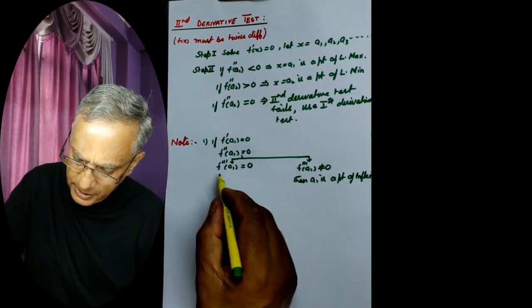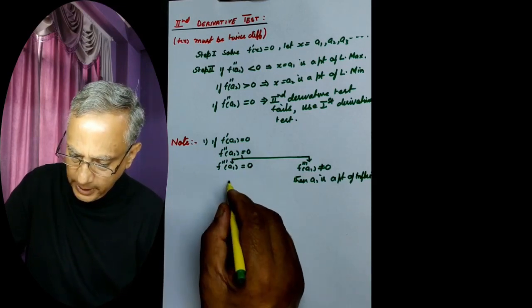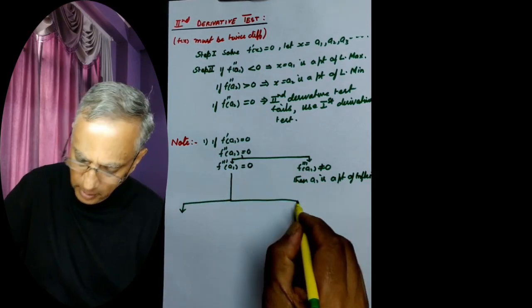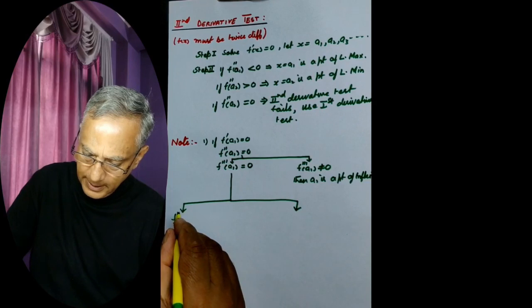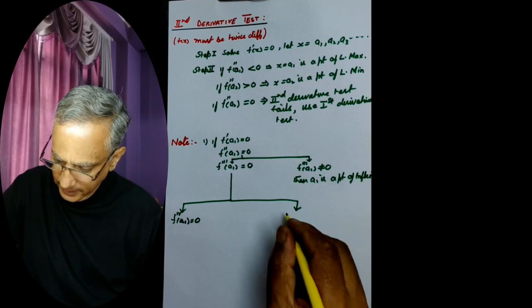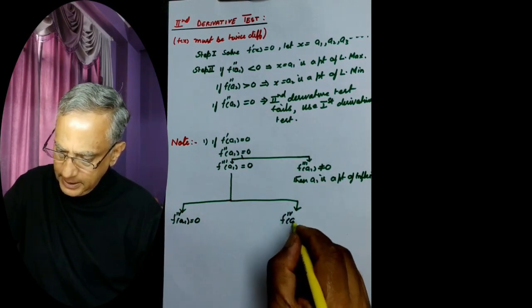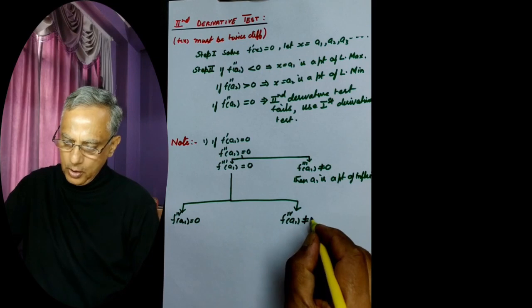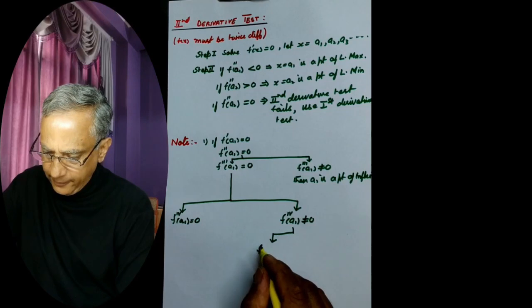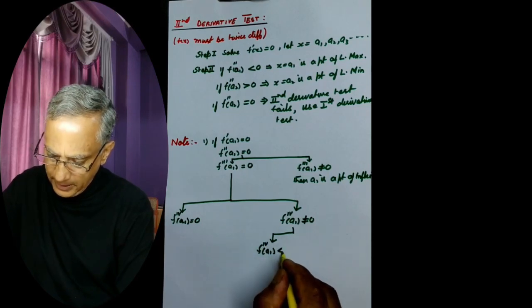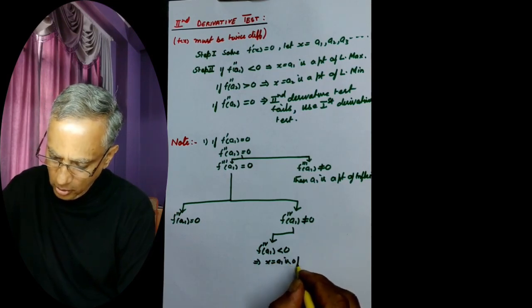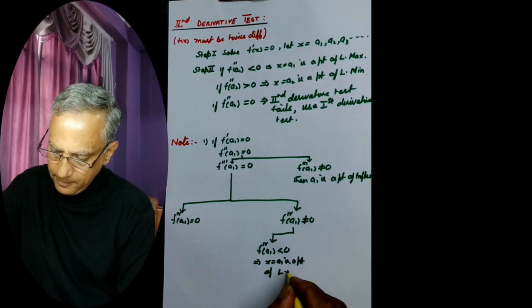And if the third derivative is 0, we will find the fourth derivative. If the fourth derivative at a1 is not equal to 0, then if the fourth derivative at a1 is negative, this will imply x equal to a1 is a point of local maximum.